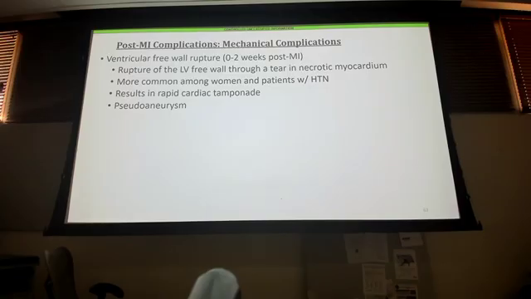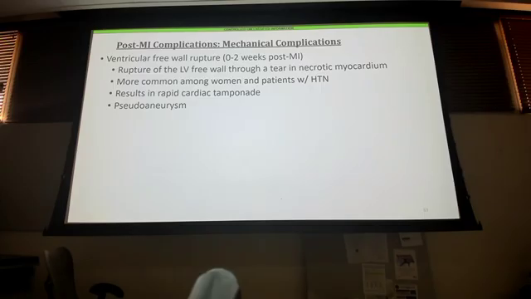Well, if the pressure inside that ventricle were high enough, it could actually cause a tearing in that weak area, right? And now I'm spilling blood from that ventricle into the chest cavity, into my pericardium, leading to cardiac tamponade, right?